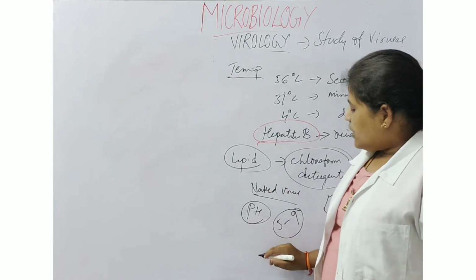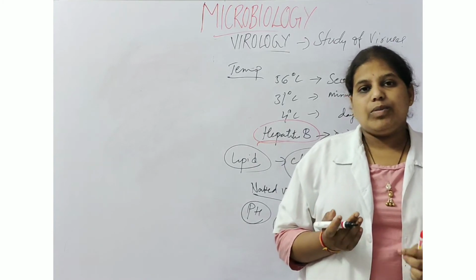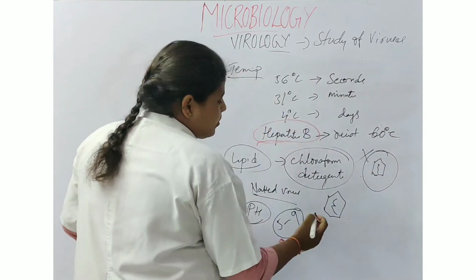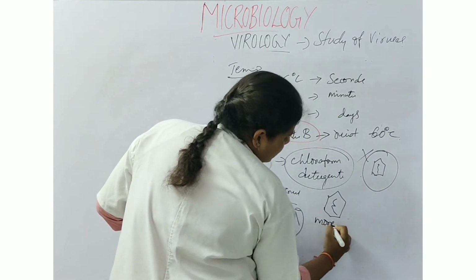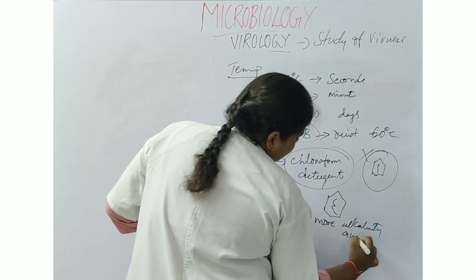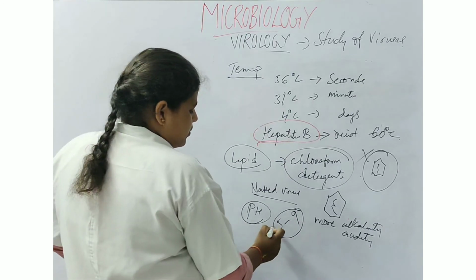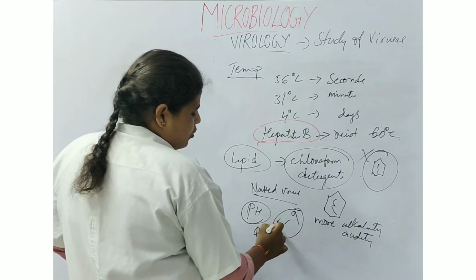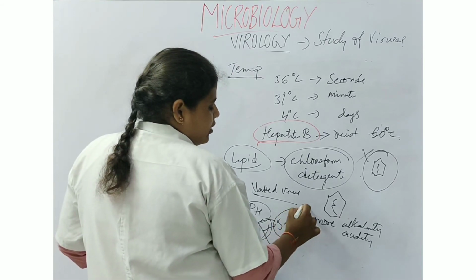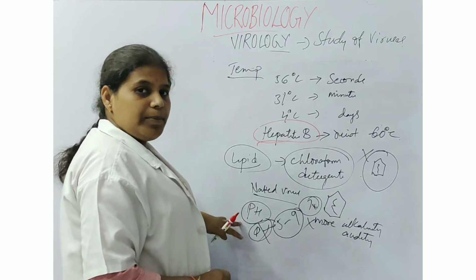It is not stable in more alkalinity or more acidity, so it can be killed by more alkalinity or more acidity. From 0 to 5 we may kill the virus, and from 9 to 14 we can kill the virus. So this is by pH.